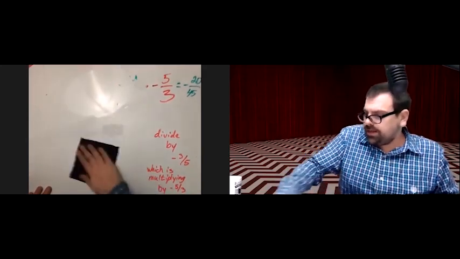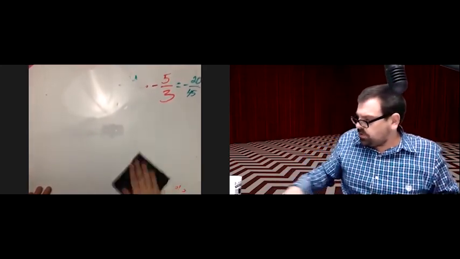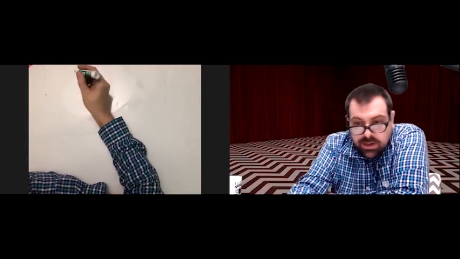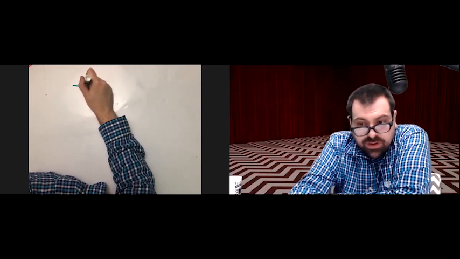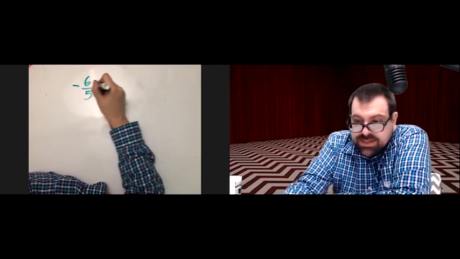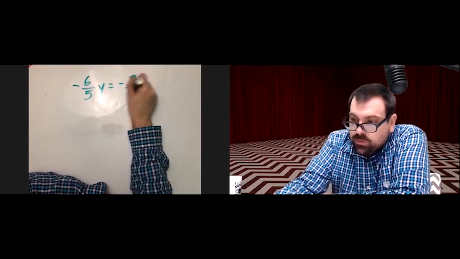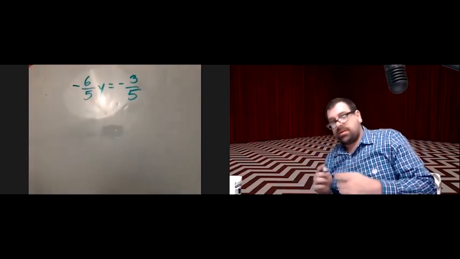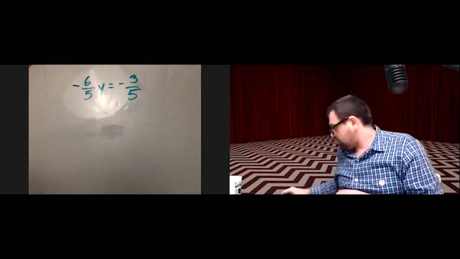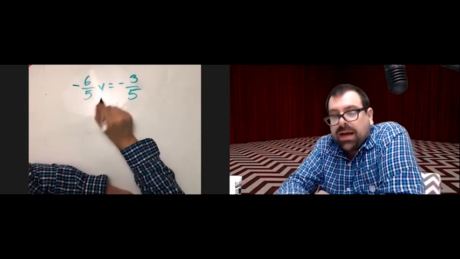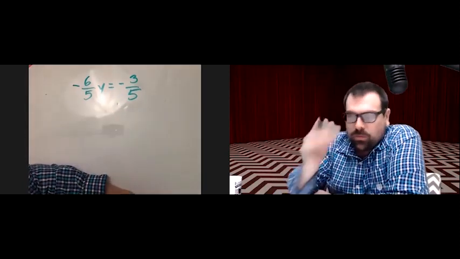Let's do another like this, make sure we know what's going on. -6/5 y equals -3/5. We want to get the y by itself. What is happening to y?